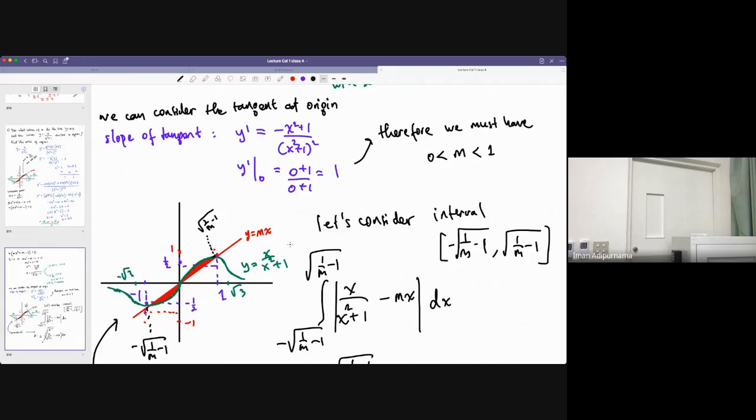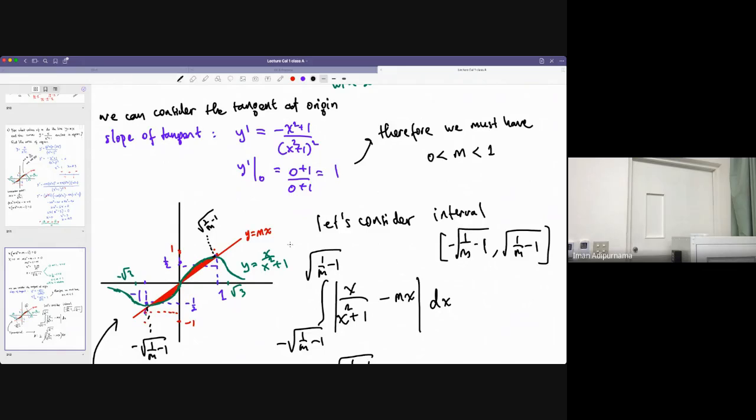But like what I said before, this is symmetrical. You can do from 0 to the positive one. No need to include all, because it's quite messy, right? If you include all, you don't really have much time to solve this.